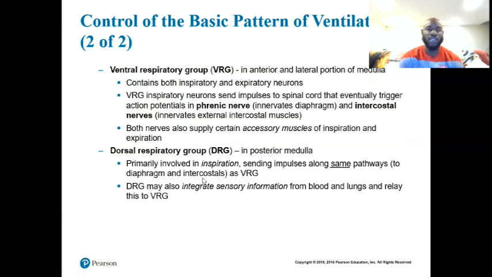The ventral respiratory group, in the anterior and lateral portions of the medulla oblongata, contains both inspiratory and expiratory neurons. Then you also have the dorsal respiratory group in the posterior medulla, involved in inspiration, sending impulses along the same pathways to the diaphragm and intercostals as the VRG, right? And these all play a role in your breathing.